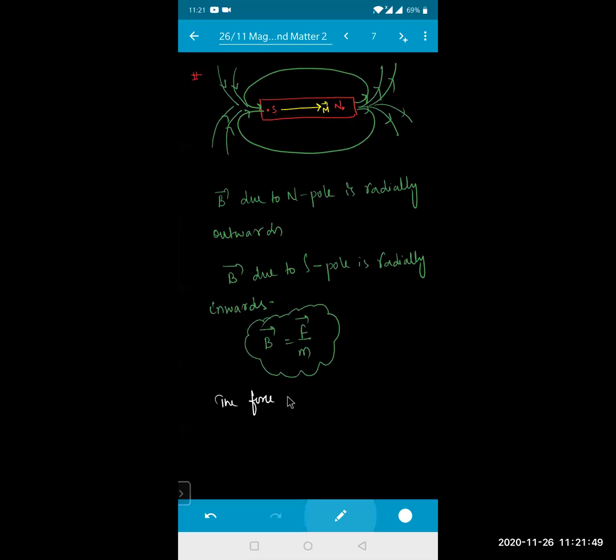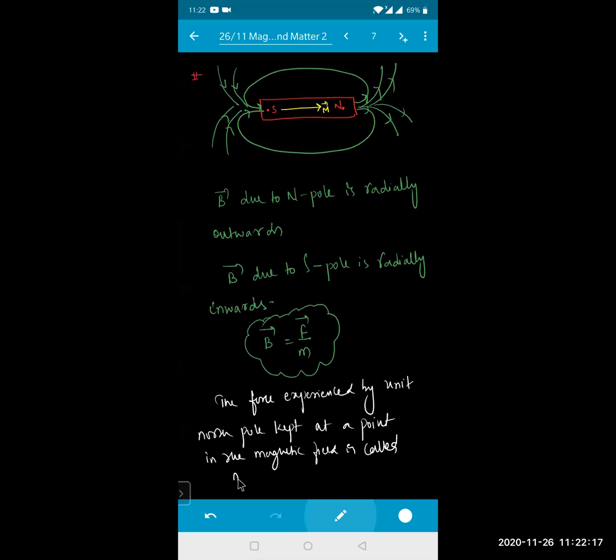So I can write the definition: the force experienced by a unit north pole kept at a point in the magnetic field is called the magnetic field induction at that point.